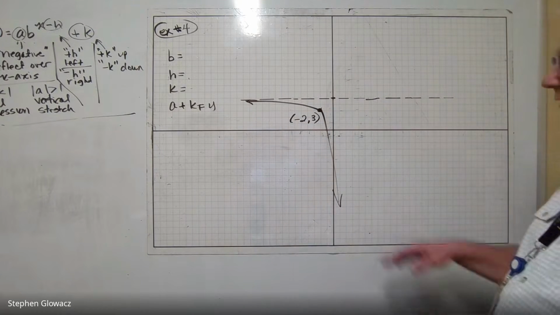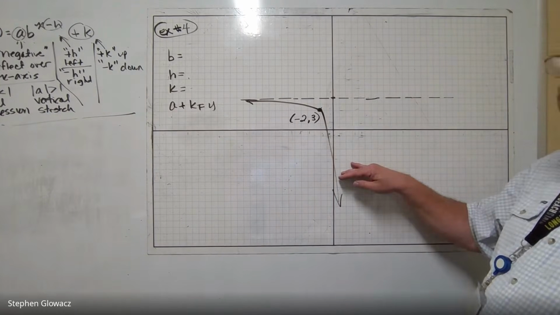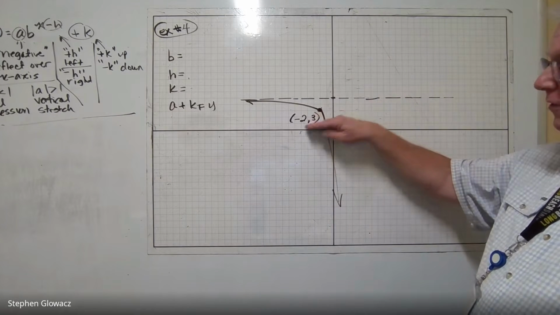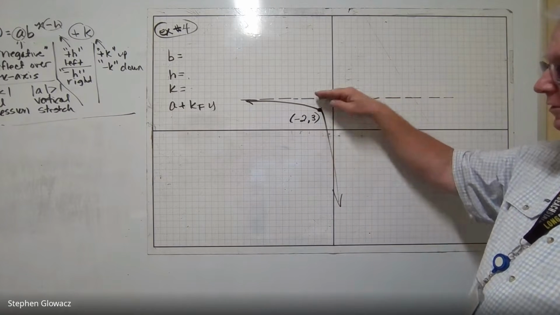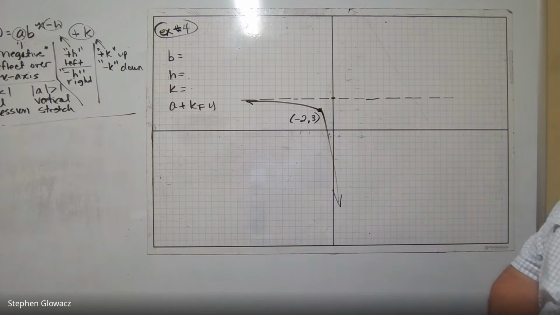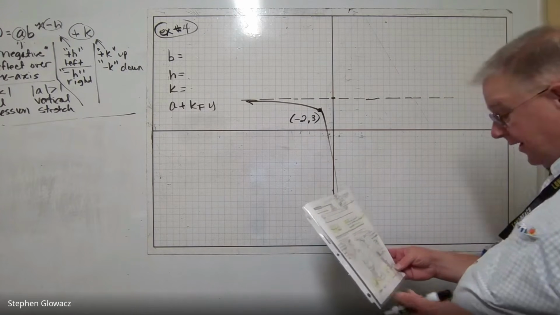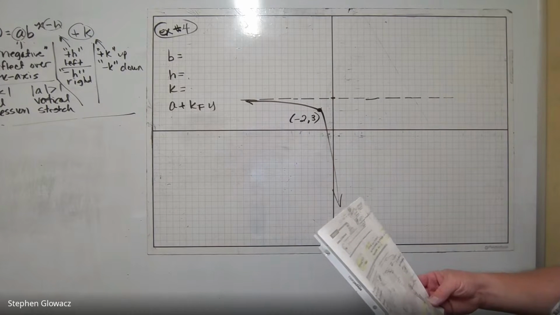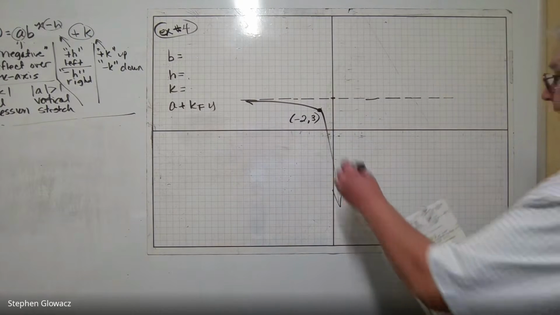If there is a second reference point given, remember the first reference point is the one that's closest to the asymptote. For this one, let's see. Actually, we would have another reference point at (-1, -3), I believe.